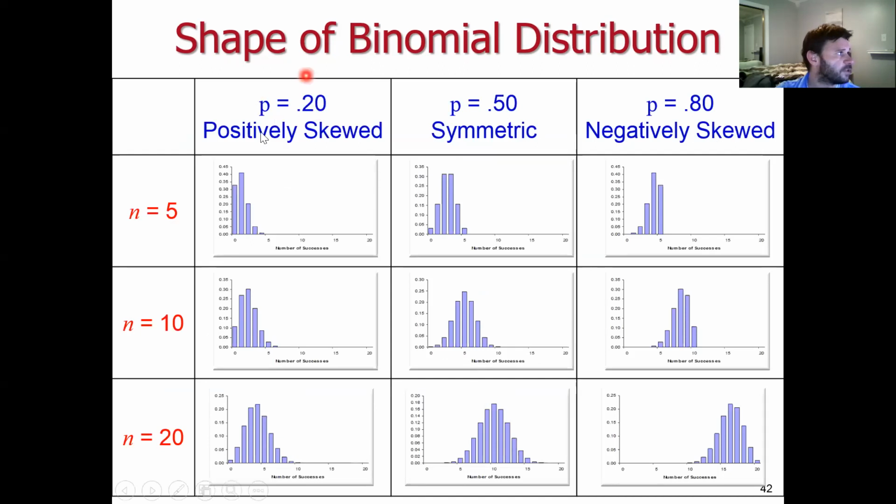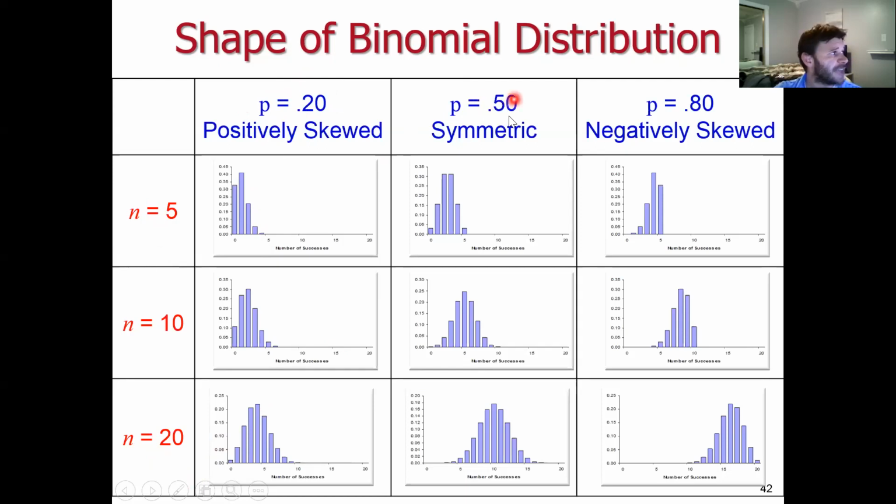Here in the first situation, we have a probability for the binomial process that is smaller than 50%. And you'll notice we're getting some positive skewness here, right? That tail's getting pulled to the right even farther. But as the number of trials goes up, the shape of that binomial distribution looks more and more symmetric.